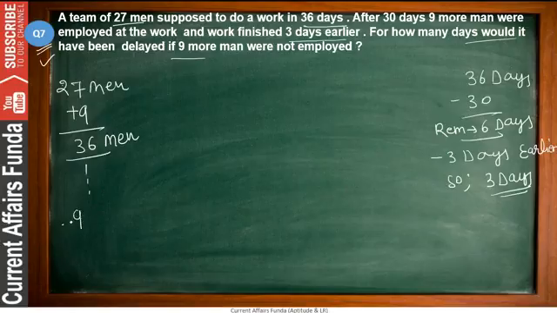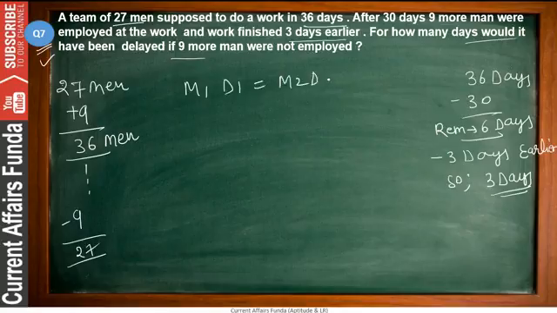That means deduct 9, so it will be again 27. So friends, apply the same formula here, m1 d1 that is equal to m2 d2. Okay, so in the starting, how many men are there? There are 36, and they are basically taking d1 days. D1 days, that means work basically completed 3 days earlier, that means it will be 3 days.